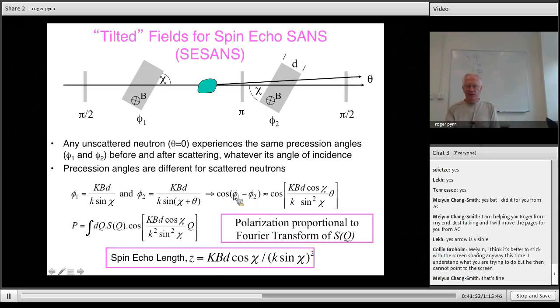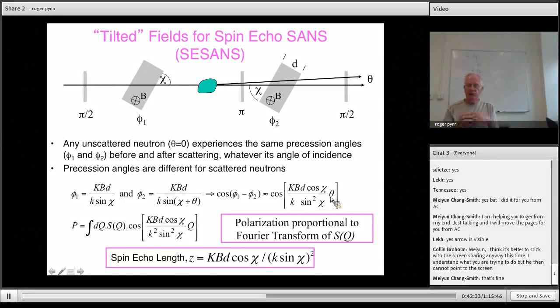So if you go into the small angle approximation and you say that theta is small, and you expand sine of chi plus theta as sine chi cos theta plus cos chi sine theta, and then do it to lowest order, what you'll find is that expression that I've given you here: it's cosine of this junk here times theta, and of course the q, the scattering vector, is just proportional to the scattering angle.